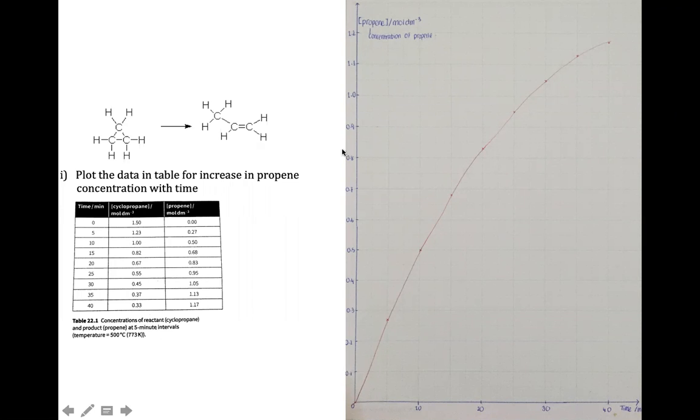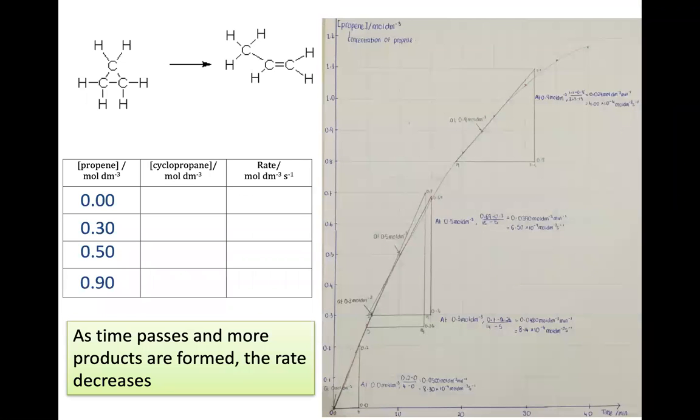Change in concentration is change in your y values over the change in time, change in your x values. So if you take change in y over change in x, that should give you the gradient. Okay, so this is just showing you how to find the gradient or the rate at different concentrations of your products or at different times of your reaction.